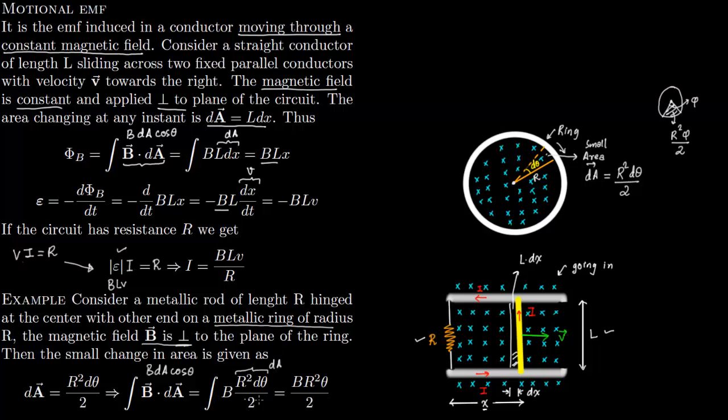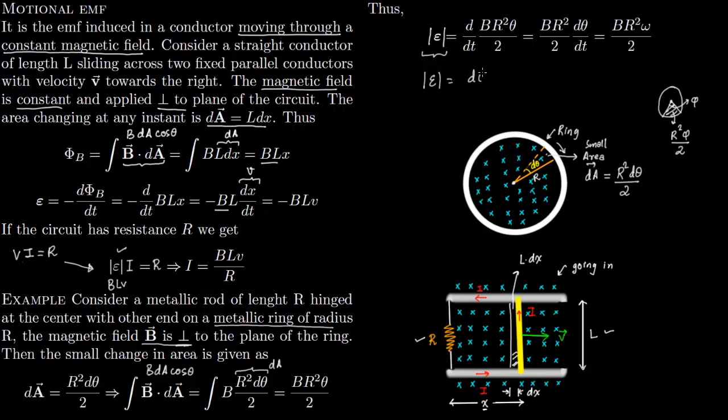Now you just integrate over the entire theta. So you get B r squared theta by 2. Now for the EMF, again I'm taking the absolute value here, so I've dropped the negative sign. For the absolute value of EMF we have d phi B by dt.